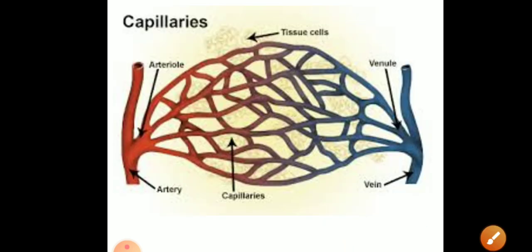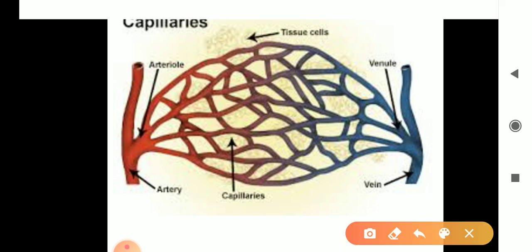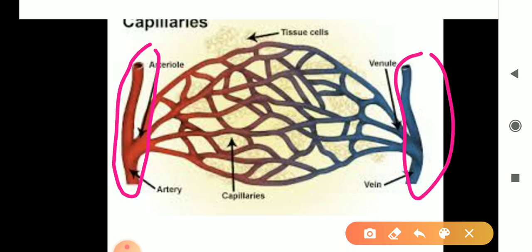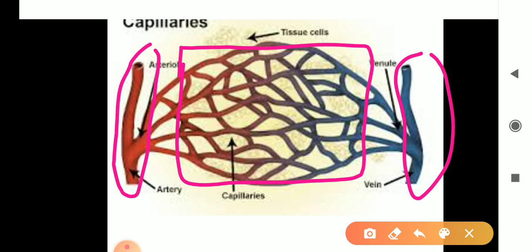Okay, now see, with the help of this diagram, I can explain to you. These are the arteries, veins, and the middle network is called capillaries. You can see arteries and half of the capillaries are shown in red color, and half of the capillaries and veins are shown in blue color.